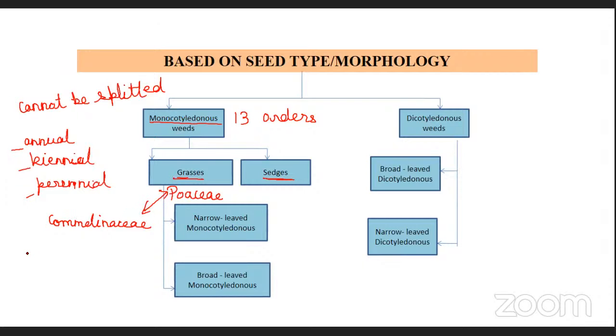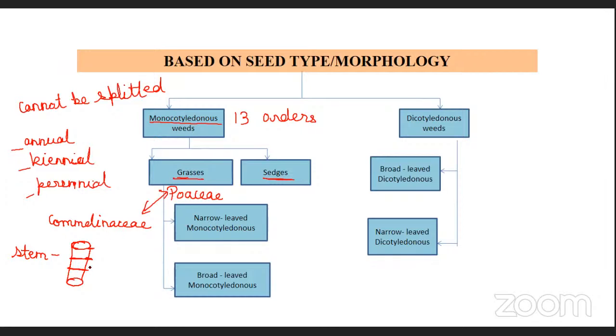If we talk about the stem, which Shivanshika told us about yesterday also, the stems of grasses are usually cylindrical, or circular in section, and they have definite nodes at regular intervals.